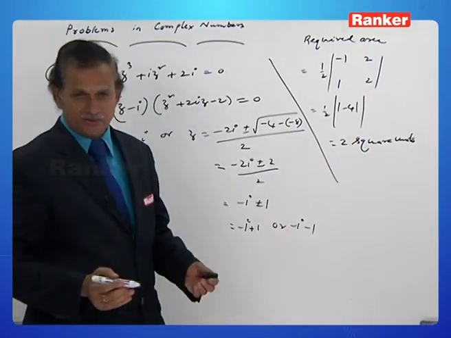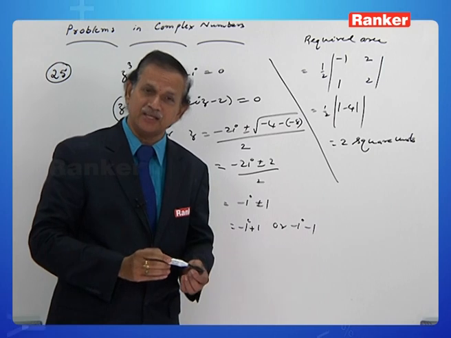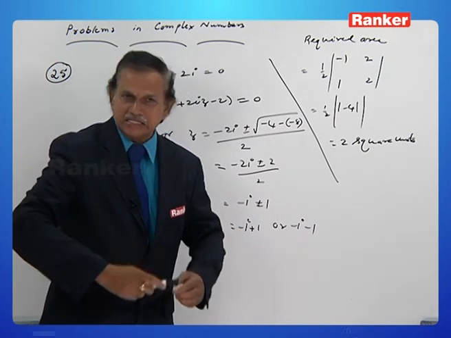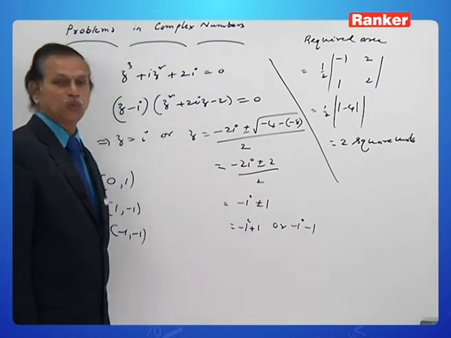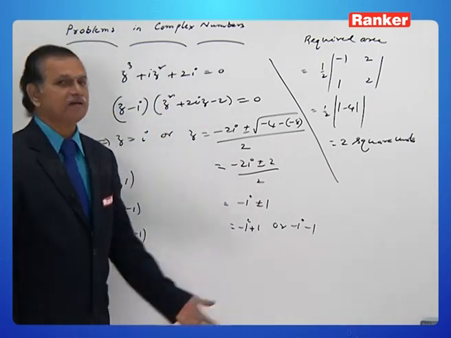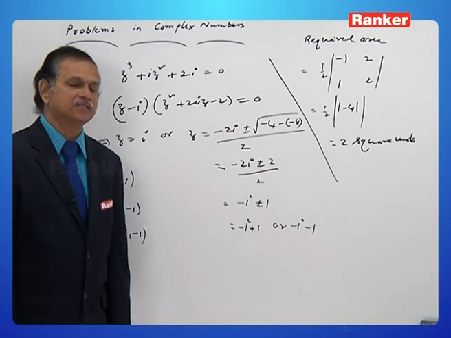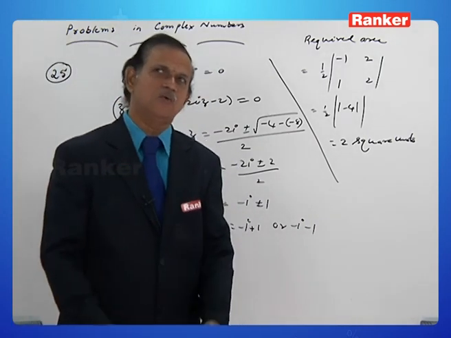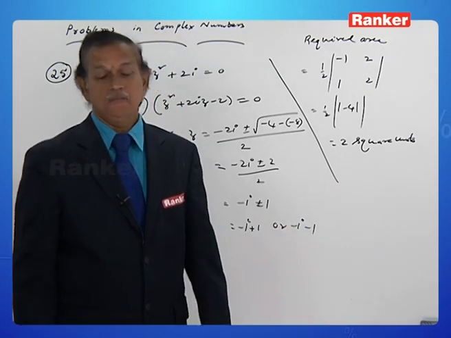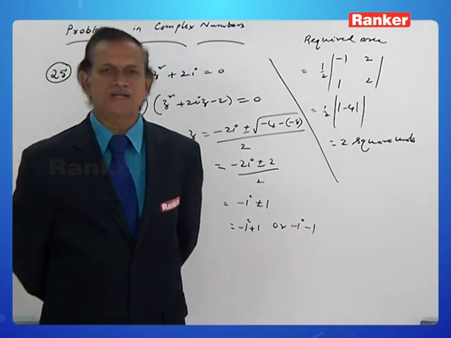Half into 4 is 2 square units. Is it available? Of course, it is in option D. The main thing here is you are supposed to get the roots of this equation. In our real classes, whenever x is a real variable, we could have used a trial and error method to take x equal to 1, minus 1, 2, minus 2 like that. But here we are dealing with the complex number system.